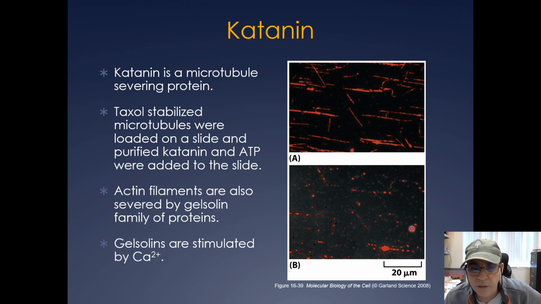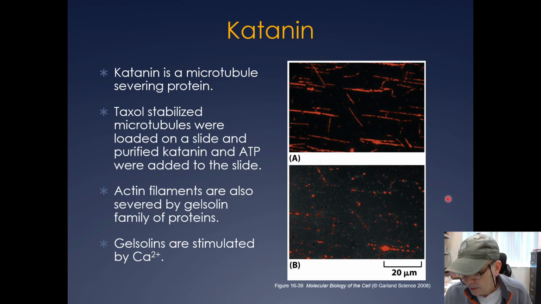So it breaks them. You can almost think of it like scissors cutting up the microtubules. And there are other ones too that are also regulated by calcium. There are the gelsolins, and if you release calcium, at high levels of calcium they can actually sever the filaments as well.